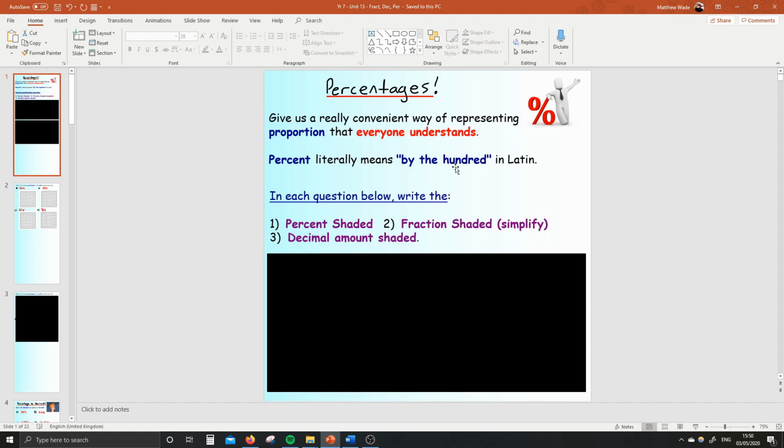Now, you might be thinking, that's a bit weird. Why would we want something out of 100? Why did we come up with the number 100 to put percentages out of? It's just a really useful number in that if we make everything out of 100, it's easy to compare two figures. So, for instance, if I said, what's bigger, 4/7 or 7/15 or 9/17 or 102 out of, say, 200, which of those is the biggest number?